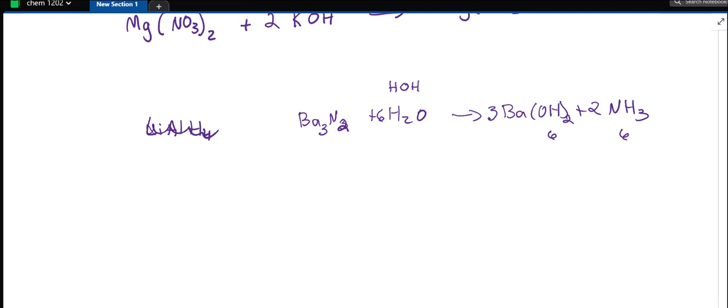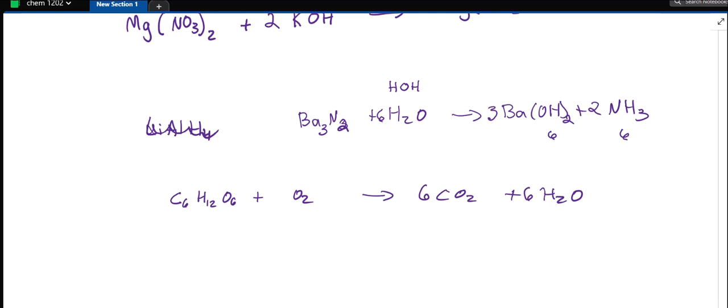Now let's take a look at a combustion that's not a hydrocarbon. C6H12O6 plus O2 yields CO2 plus H2O. Still start with the carbons, so we've got 6 there. Then go to the hydrogens, and you've got 6 there.